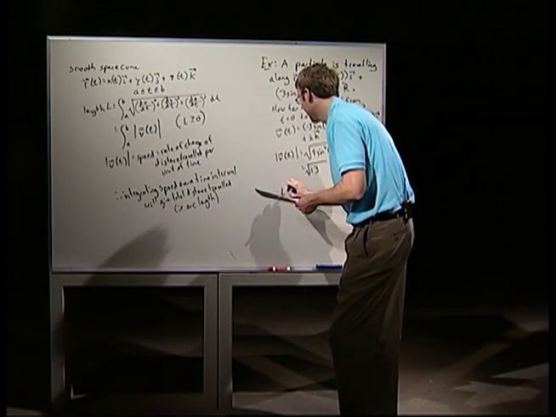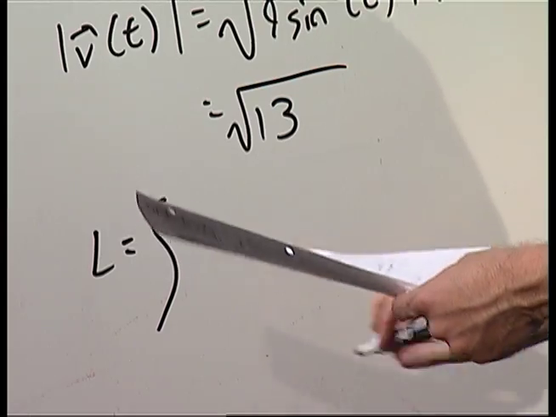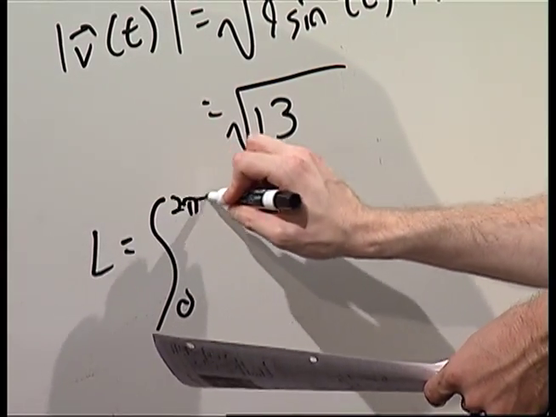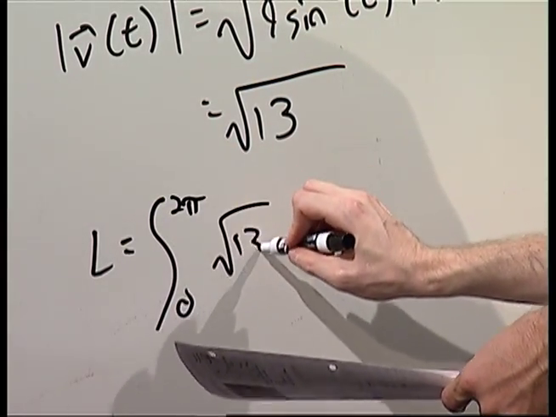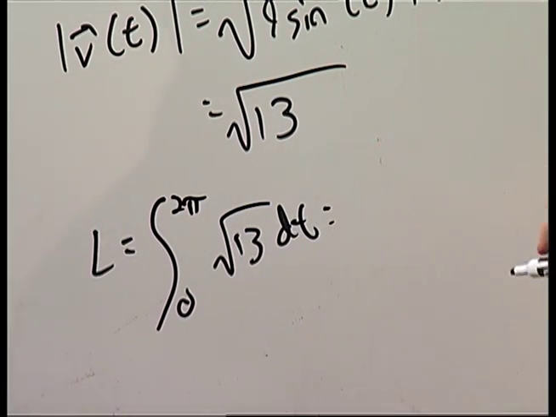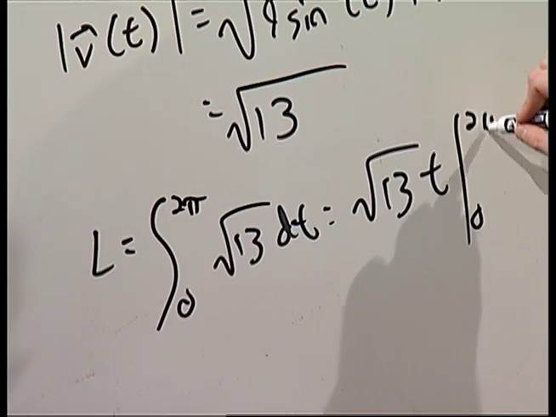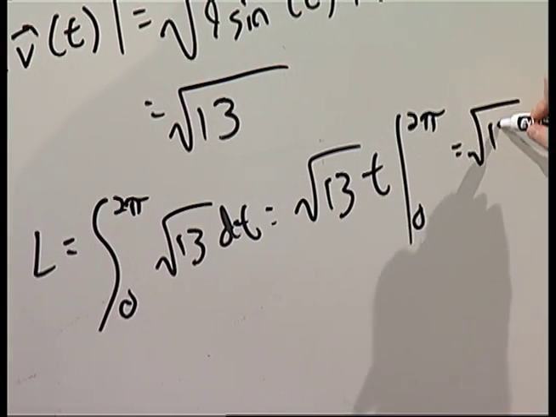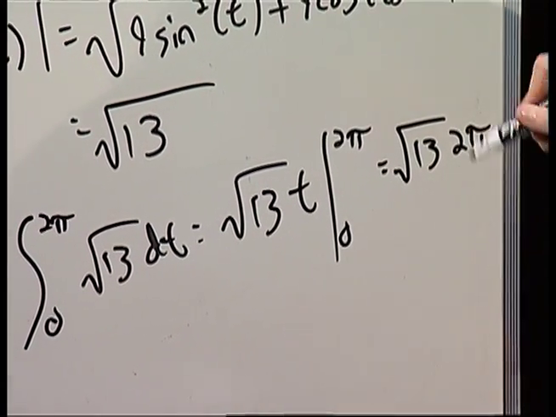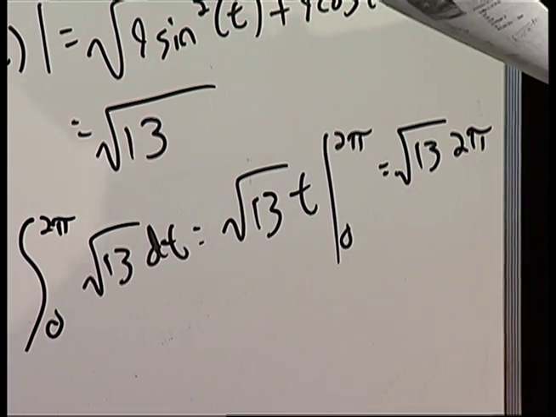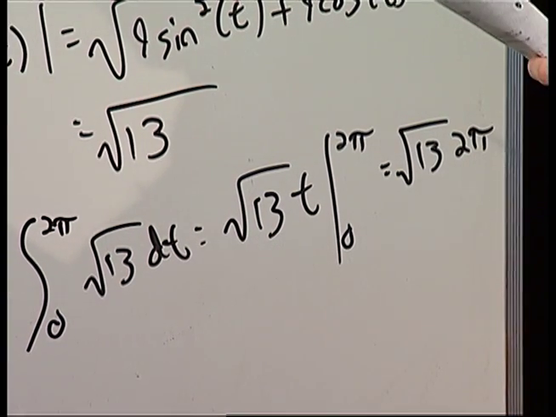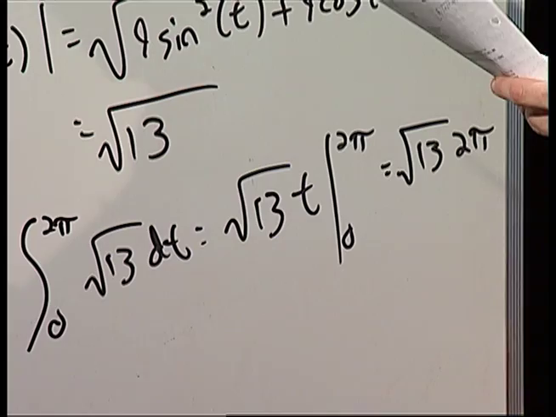So when I look for length, what I want here is the integral from 0 to 2 pi of root 13 dt. This is straightforward. That's root 13 t from 0 to 2 pi. We'll wind up with root 13 times 2 pi. I guess I used pi in my notes.